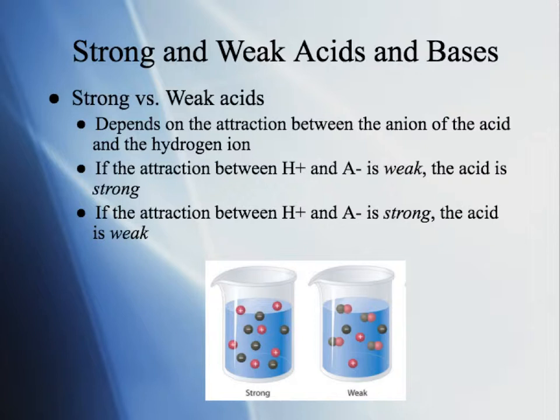The A with a minus is the anion part of the acid. For example, if it's HCl, the anion would be the Cl minus.